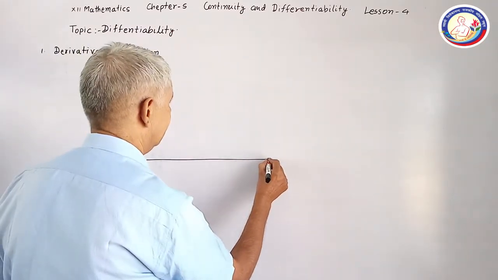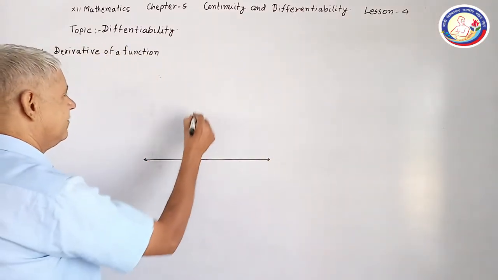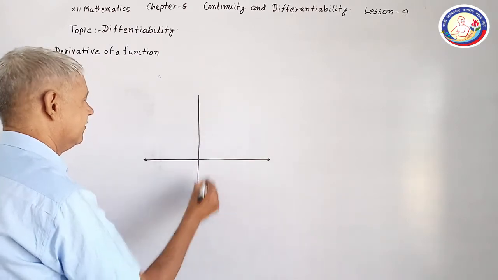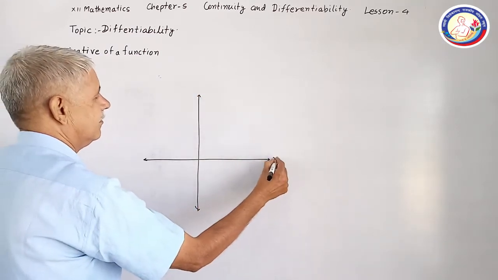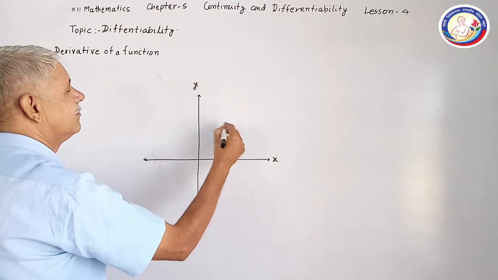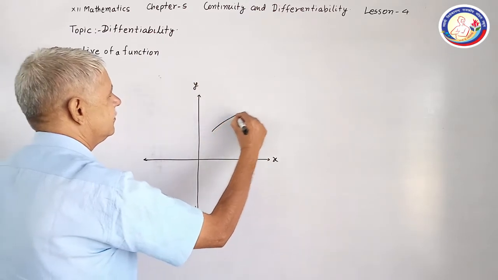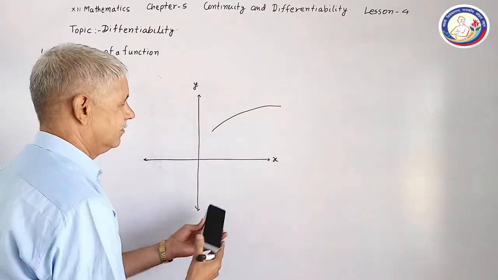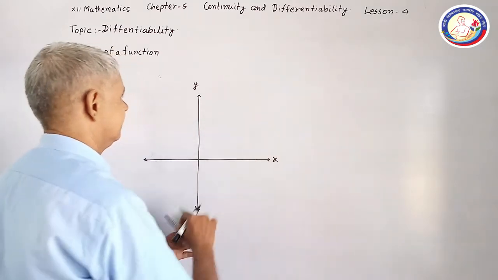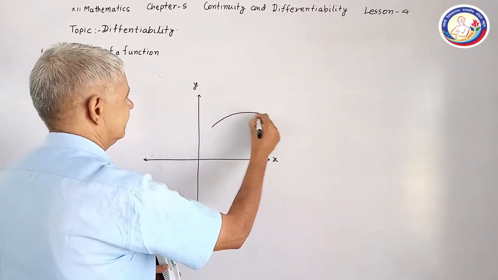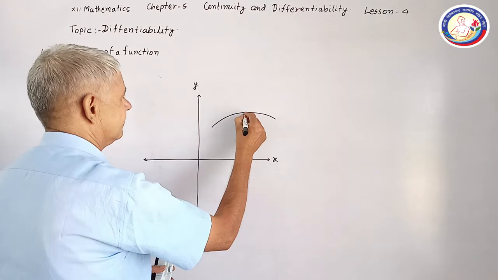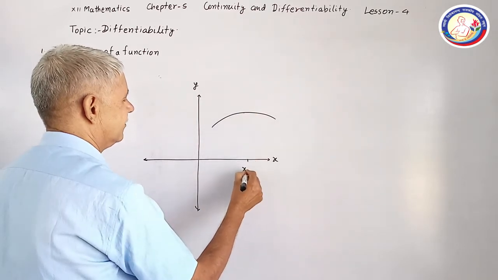Say there is a graph for any function. Say this is a graph, and here it is x equal to c.